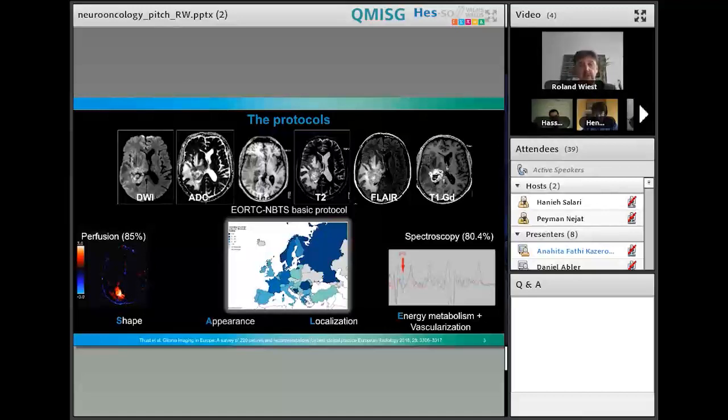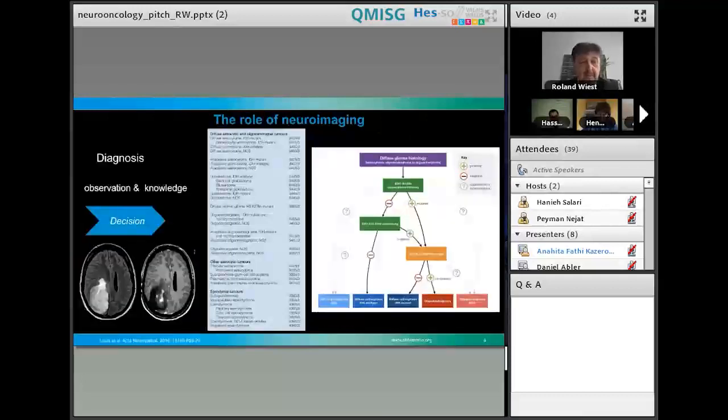From the machine learning perspective, I think the most important key issues to remember is that we should take into account the appearance, the shape, the localization, and if you use advanced imaging techniques, also the energy metabolism and the vascularization.